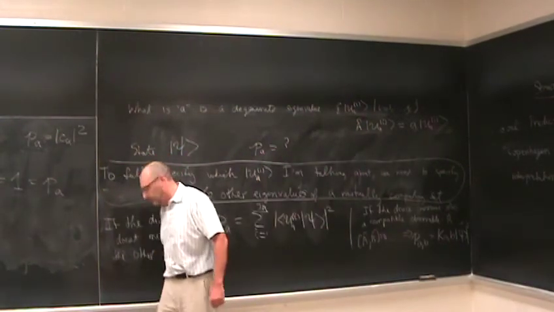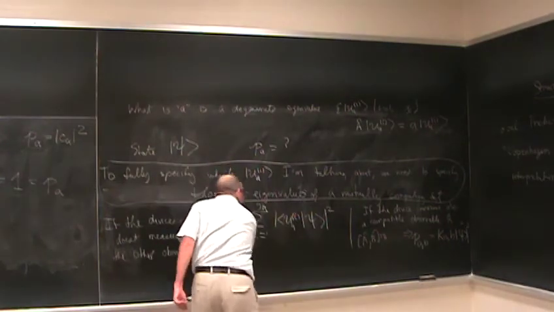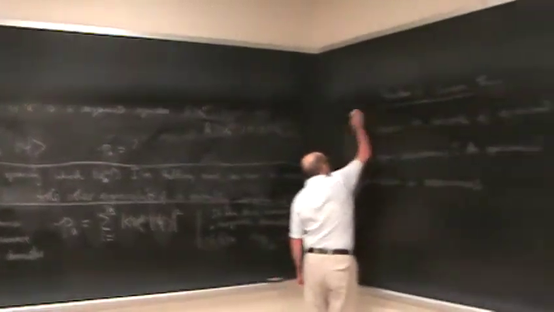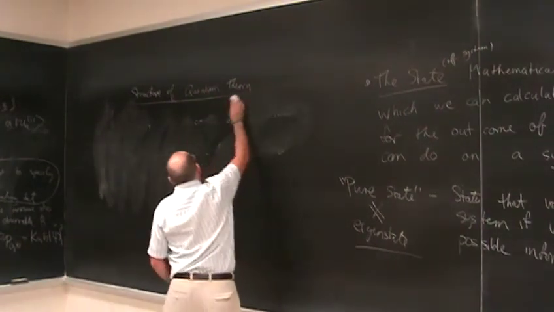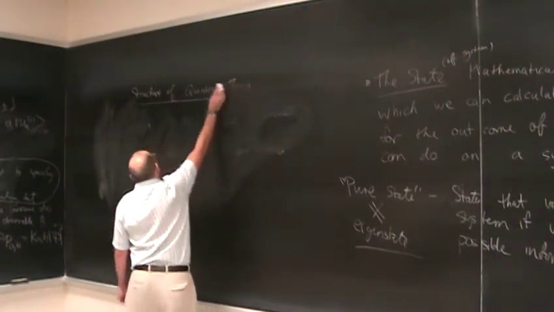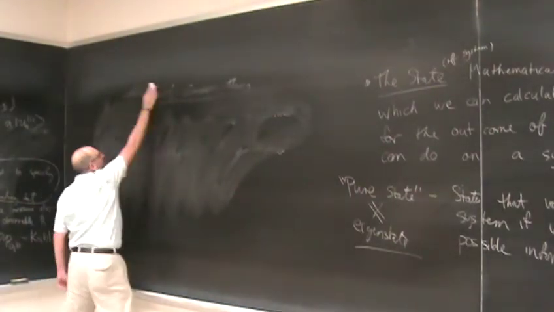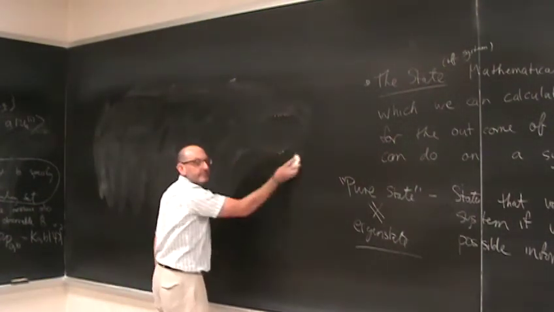All right. So now the Born rule, as written here, are examples of projective measurements.